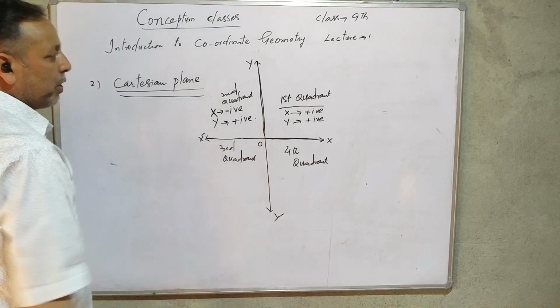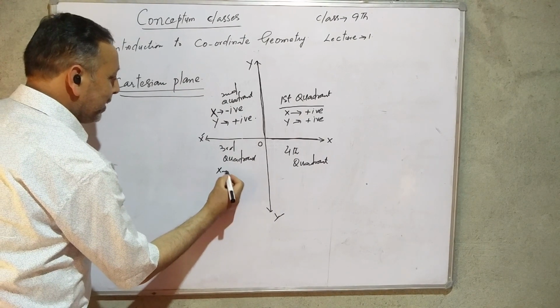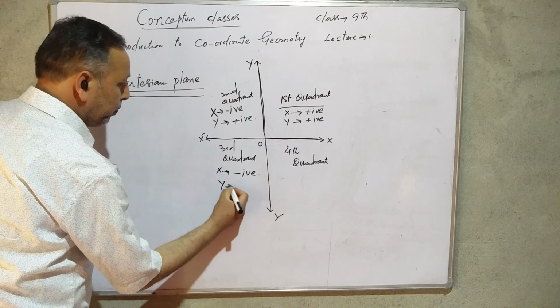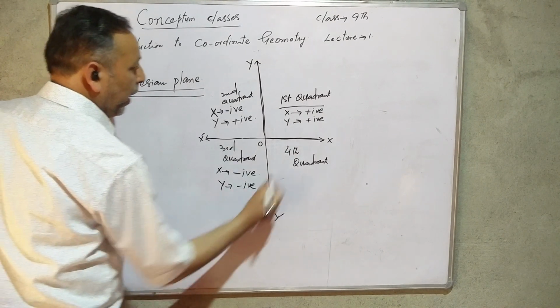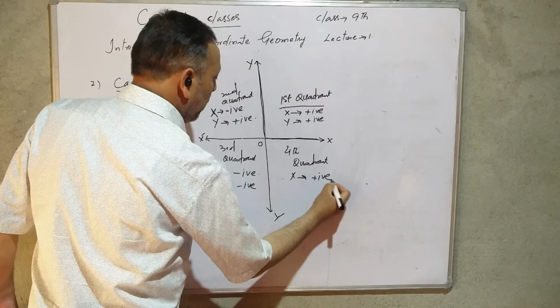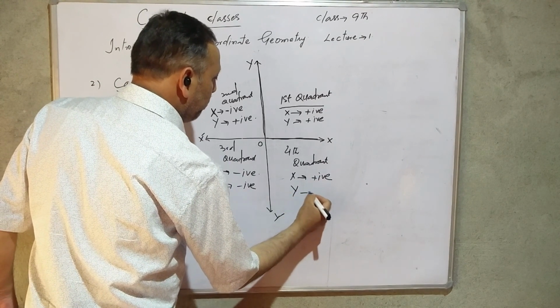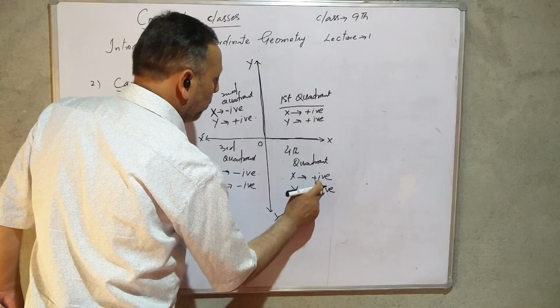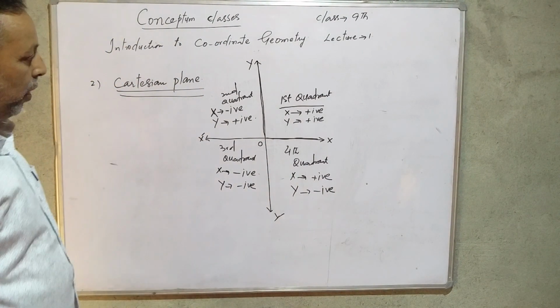In the third quadrant, x is negative, y is also negative. And in the fourth quadrant, x is positive and y is negative.